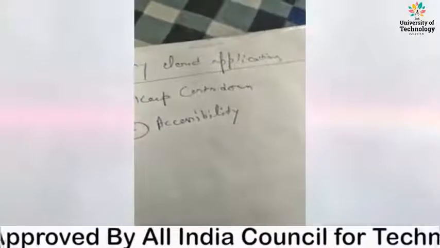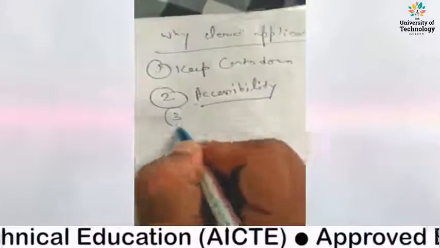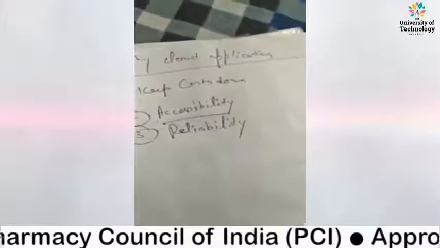Okay, second thing is accessibility. Cloud applications aren't tied to a single machine. You can access and interact with the application from a wide variety of devices safely and securely from any internet connection.